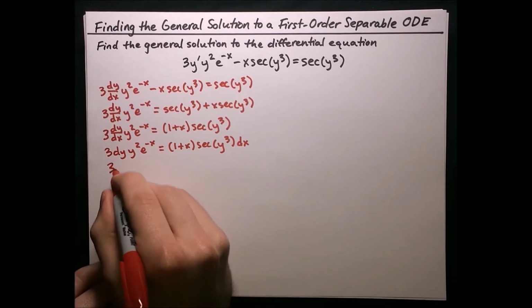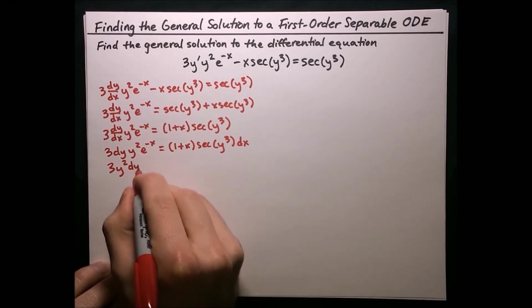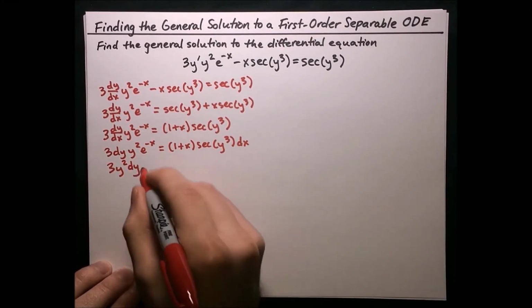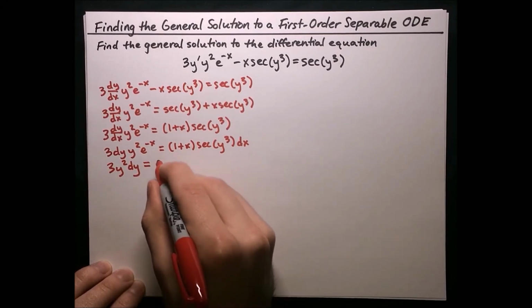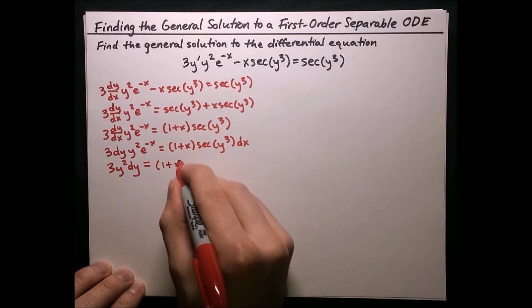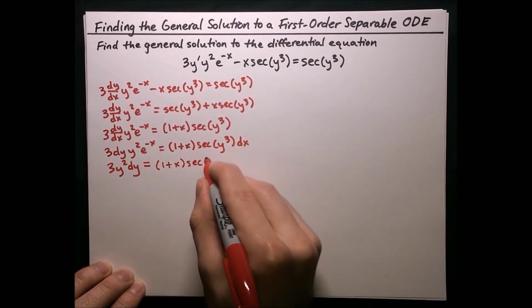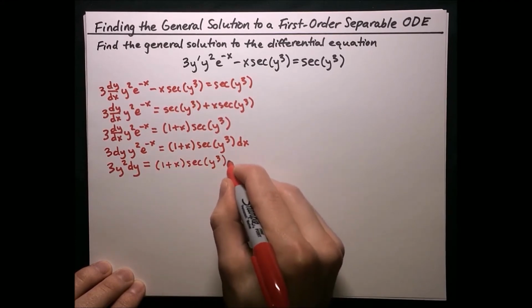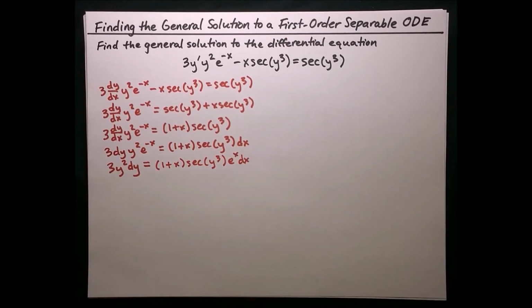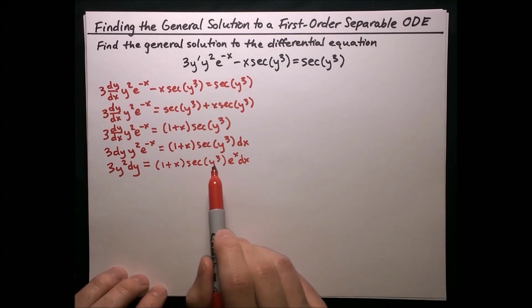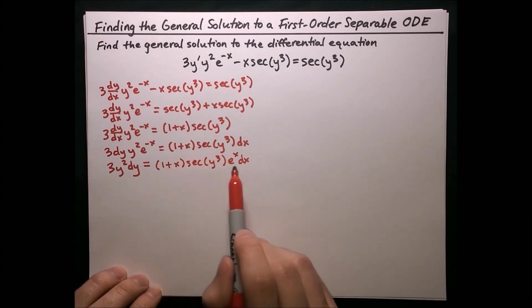As a result, let's also rearrange the side a bit. Let's put 3y squared dy, and then the e to the negative x goes away because we're multiplying by e to the positive x. And then the result of that is just 1 plus x secant y cubed e to the positive x dx. Now we're almost there. There's just the secant y cubed that's on the side where all the x terms should be.